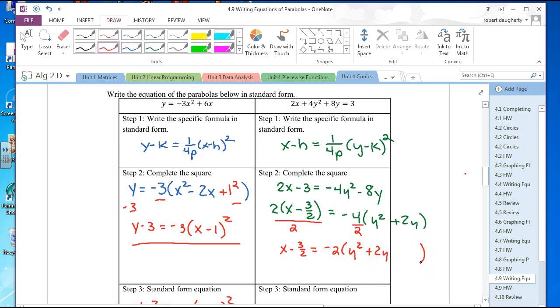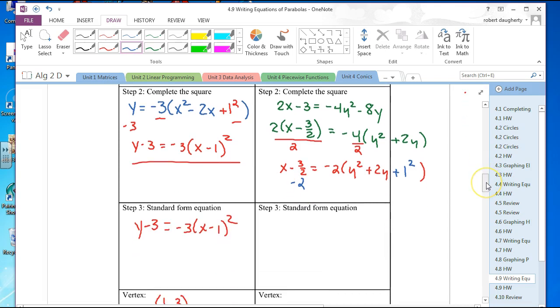Okay, what's it going to take to complete the square there? Add what, 1 squared? So what have I really done on the right side? I did not add 1, I did what? I subtracted 2. If I subtract 2 on the right, then what do I do on the left? I have to subtract 2 on the left. Okay? So what this becomes is, let me take up a little bit more space here.